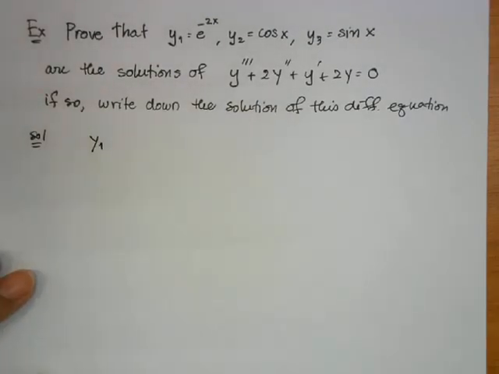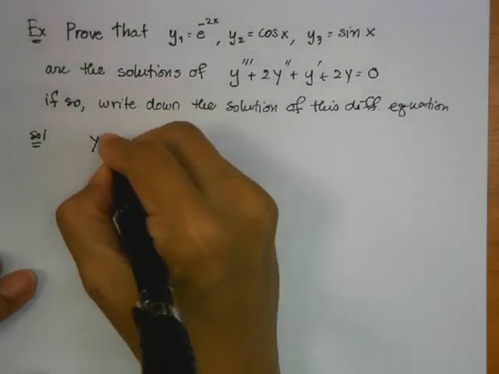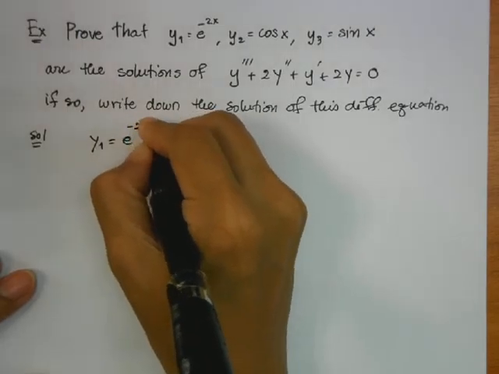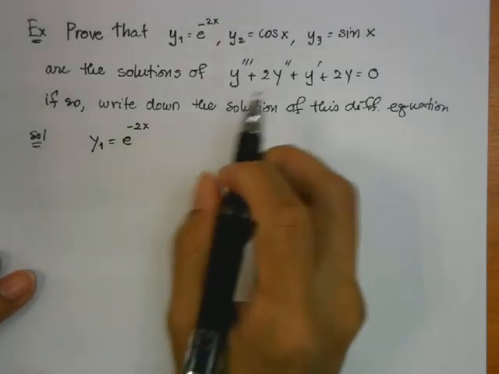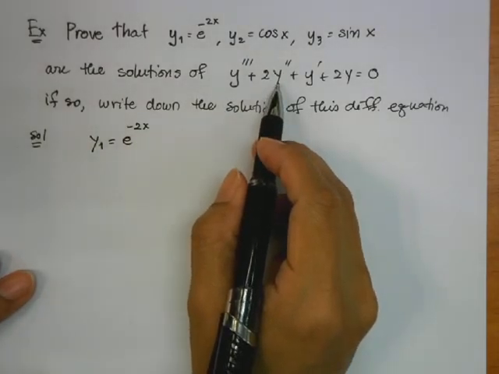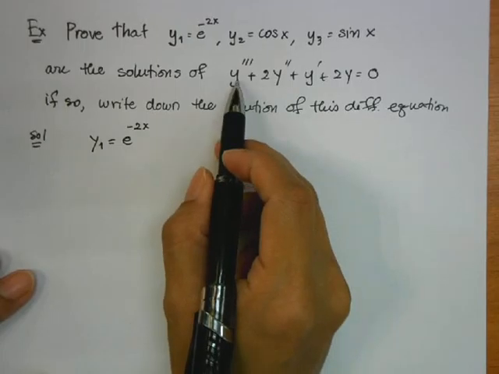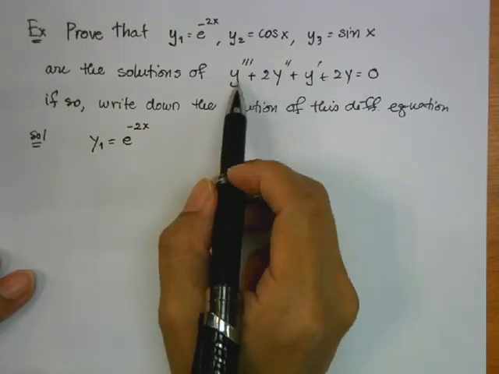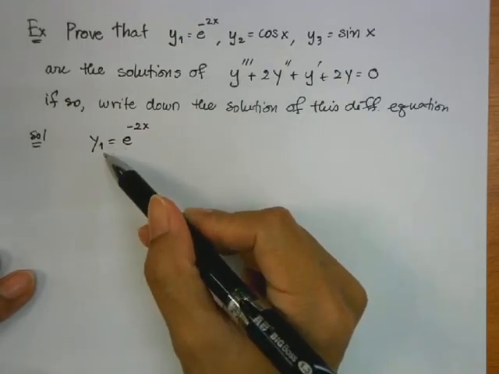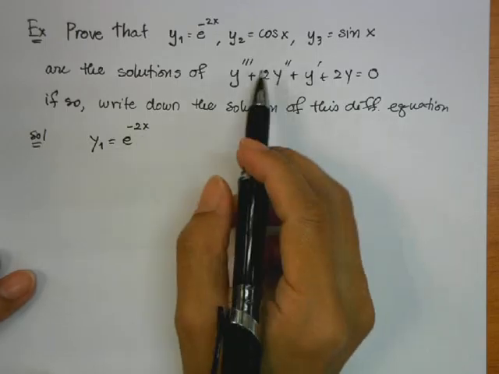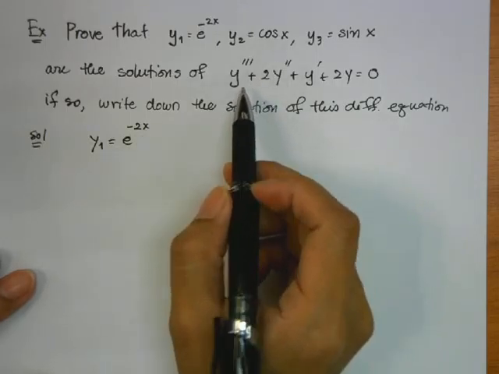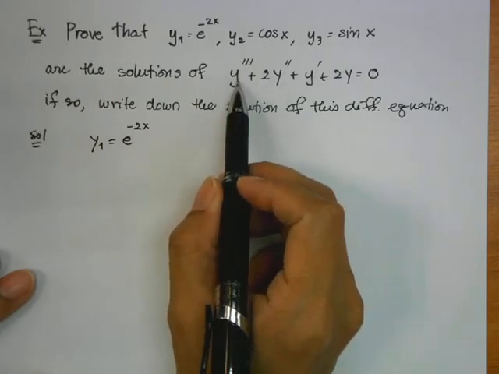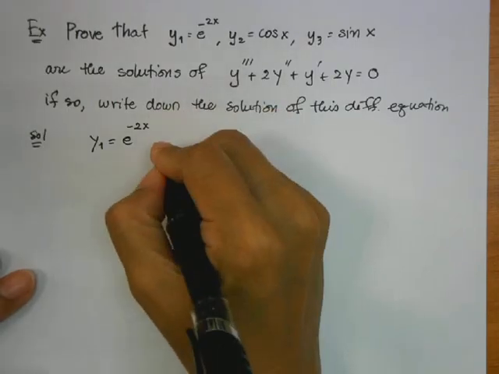We're starting from y1. We know that y1 is equal to exponential of minus 2x. So we are going to put y1 into this differential equation. But you've got to take the derivative of y1 how many times? 3 times, because we have the third derivative of y right here. So we do the first derivative.